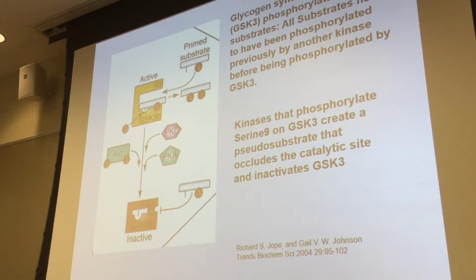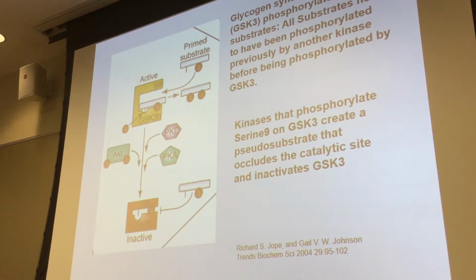And it tends to close off part of this, so this would be serine number 9, up here near the N-terminal site. So it closes that off, and we call that an autoinhibition.